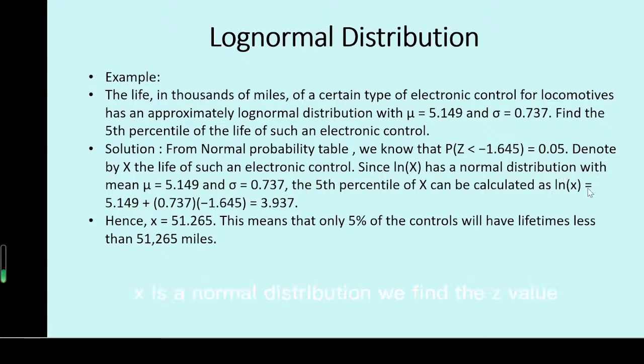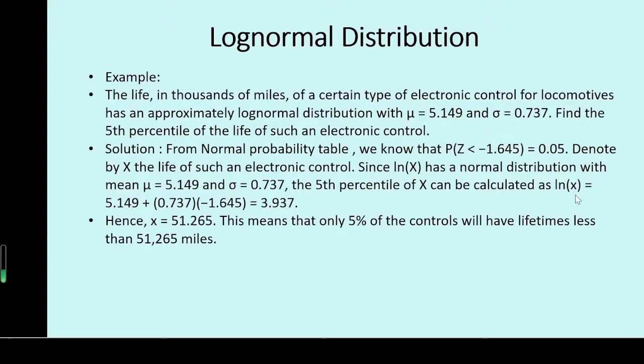the 5th percentile of x can be calculated first as log x. Because log x is a normal distribution, we find the z value, so we can get log x equals this z value times sigma, plus mu, which equals 3.937.